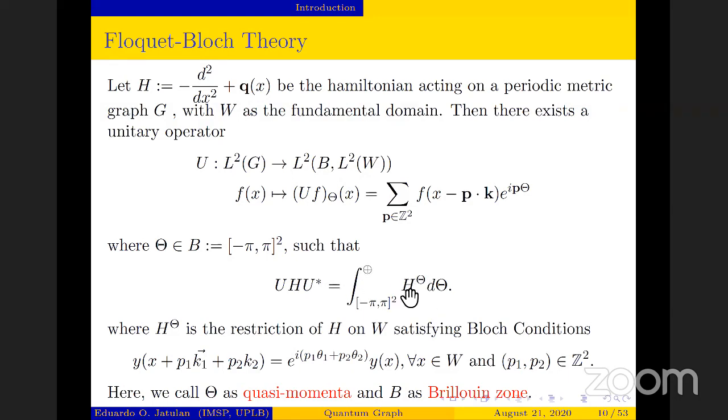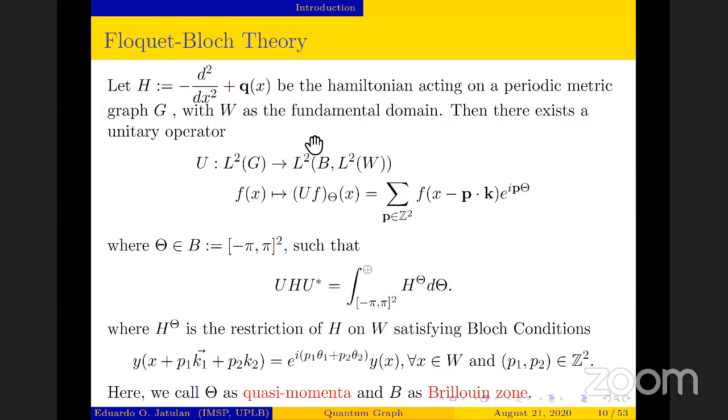wherein this operator H theta is just the restriction of our operator on W, with some additional conditions. We call them the Bloch conditions, wherein we have y of x plus the shift equal to this phase factor times y of x for all x in our fundamental domain, and P1, P2 in Z2.